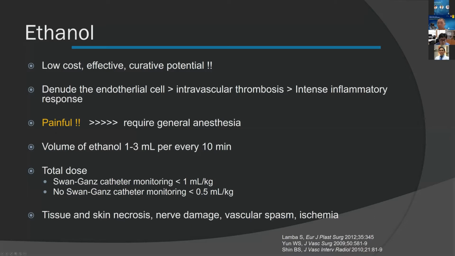The total dose of the ethanol can be given up to 1 milliliter per kilogram. However, if there is no Swan-Ganz catheter monitoring, the total dose should be reduced to about 0.5 milliliter per kg.